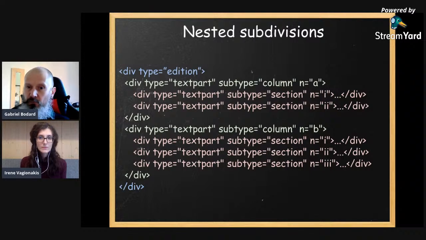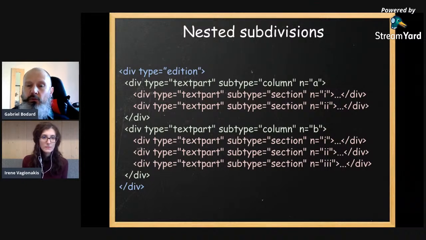They might be separate columns or separate texts. And then you have a div text part subtype section for the sections within those. Again, these are all freestanding texts. They all nest perfectly inside one another, and can be represented unproblematically with these non-overlapping nested elements in XML as we're used to doing.